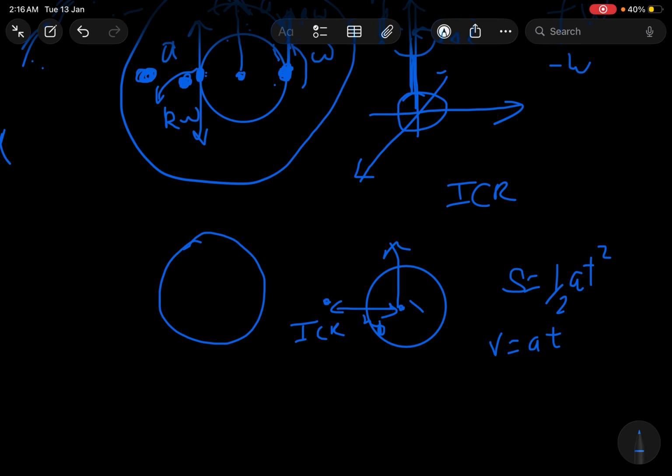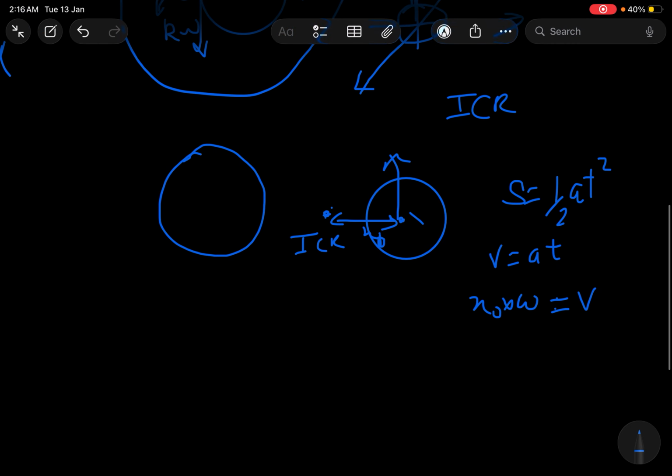So as this is the instantaneous center of rotation, x naught into omega equals the velocity. How? Because pure rotational motion is happening, and when pure rotation happens, we know that radius into omega equals velocity. So similarly, x naught into omega equals the velocity of the disk.